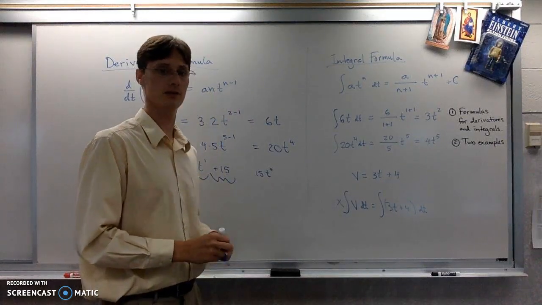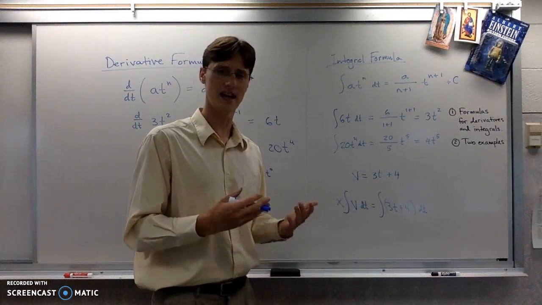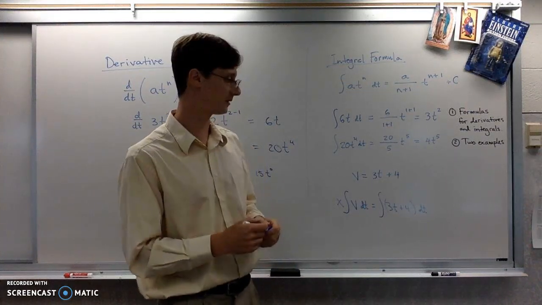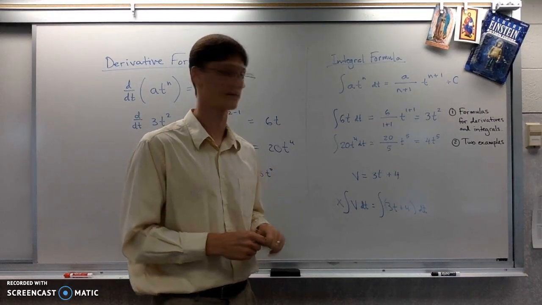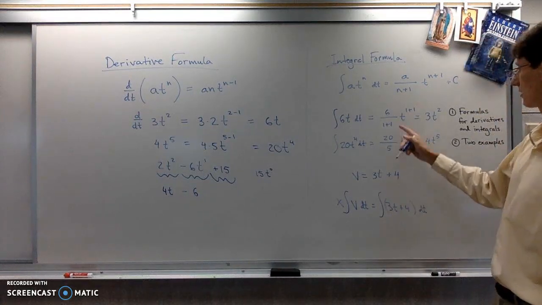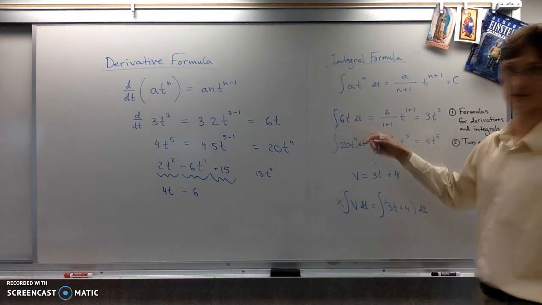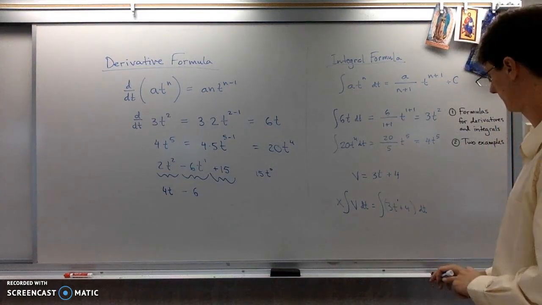Now, the integral of something like that follows this formula up here. It has two terms, but that's not a problem. We take the integral of each term separately. 3t is going to work like our 6t that we took the integral of up here, right? This is t to the first power.